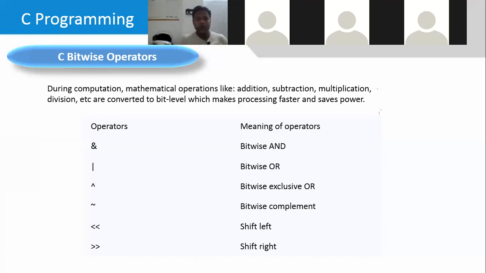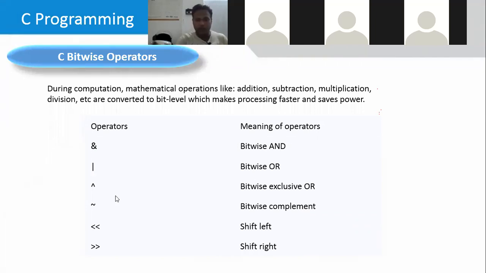So during computation, mathematical operations like addition, subtraction, multiplication, division are converted to the bit level, which makes processing faster and saves power. One is the AND operator, called bitwise AND. When you use the OR operator, it is bitwise OR.